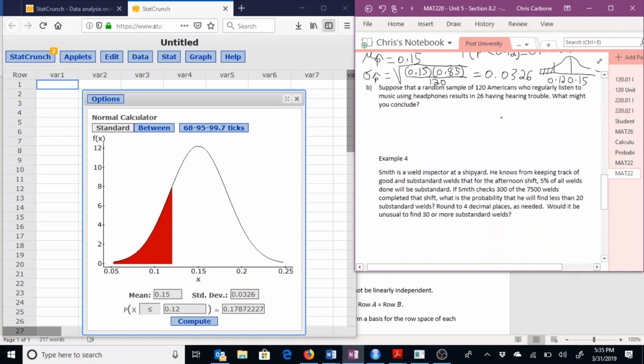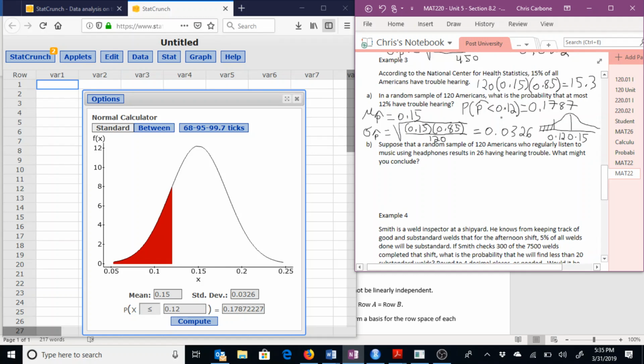Now, suppose that a random sample of 120 Americans who regularly listen to music using headphones results in 26 having hearing trouble. Now, again, this uses the same values as before, so we're not going to need to change the mean or standard deviation, but now we could calculate the sample proportion.